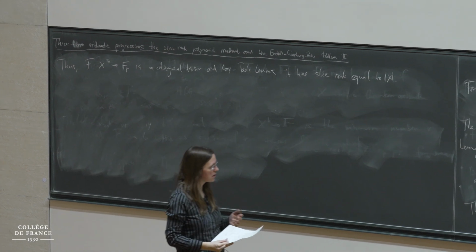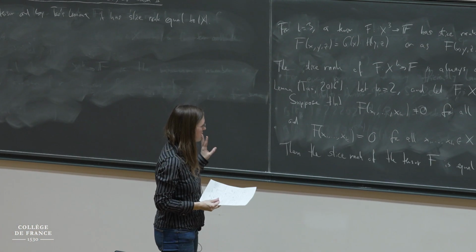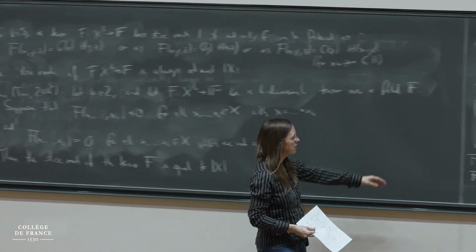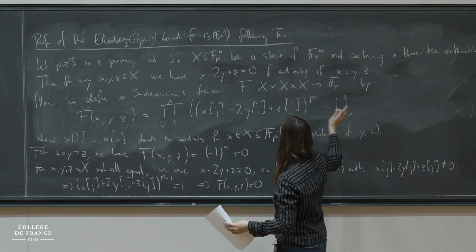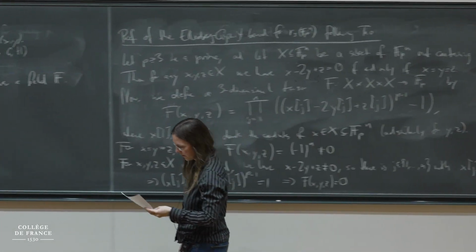And so now comes the second part. I guess I already gave a sort of preview or spoiler before. Now comes the second part where we need to upper bound the slice rank of this tensor f defined here. In order to upper bound it, we'll use the polynomial structure of this expression defining it.